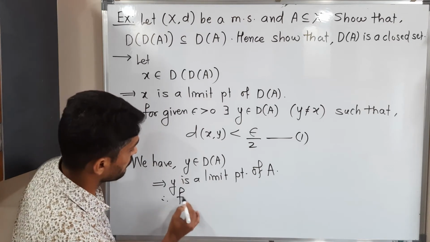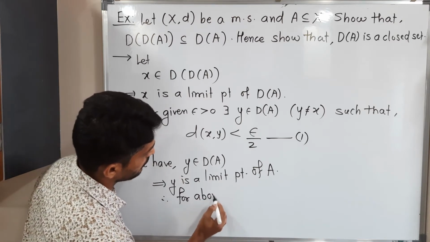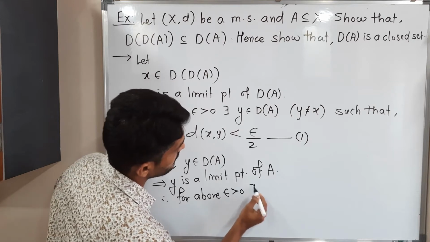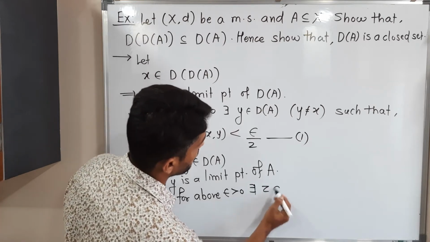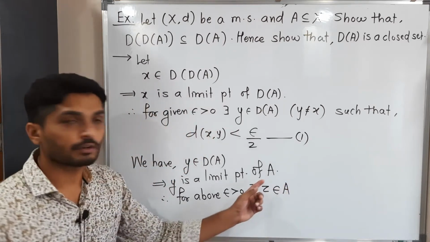Therefore, for the above epsilon greater than 0, there exists some point z belonging to A. It is a limit point of A now.